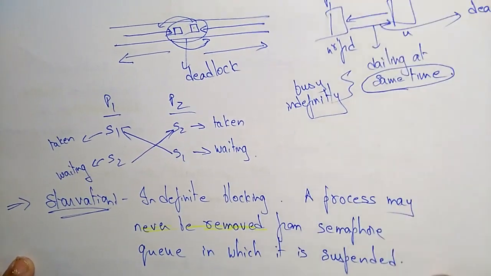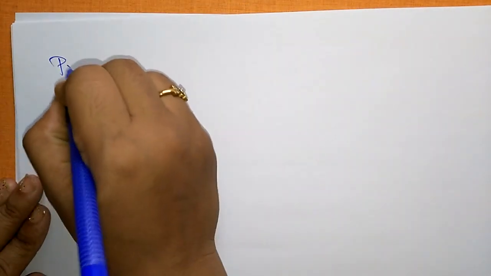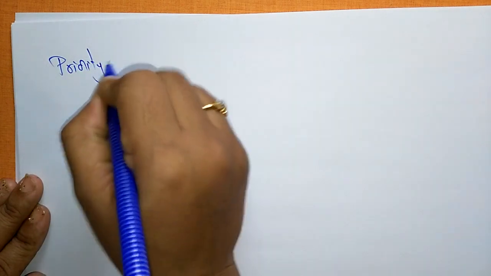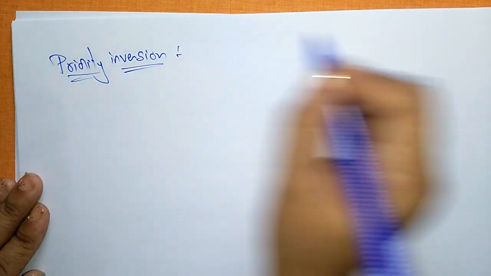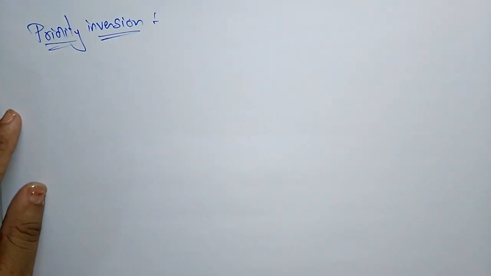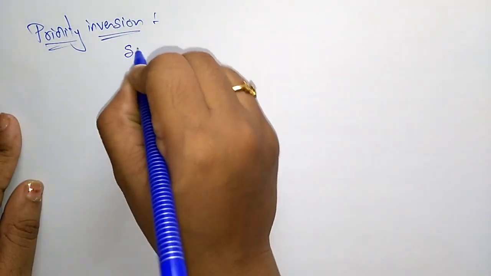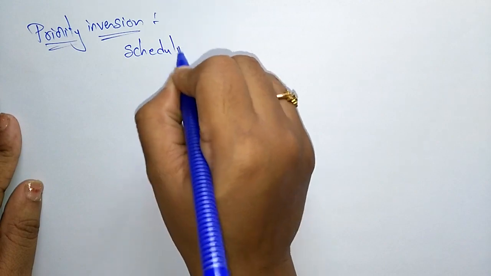And one more problem that will be raised here is priority inversion. So what is this priority inversion? Priority inversion means, if you take scheduling, this is nothing but a scheduling problem.